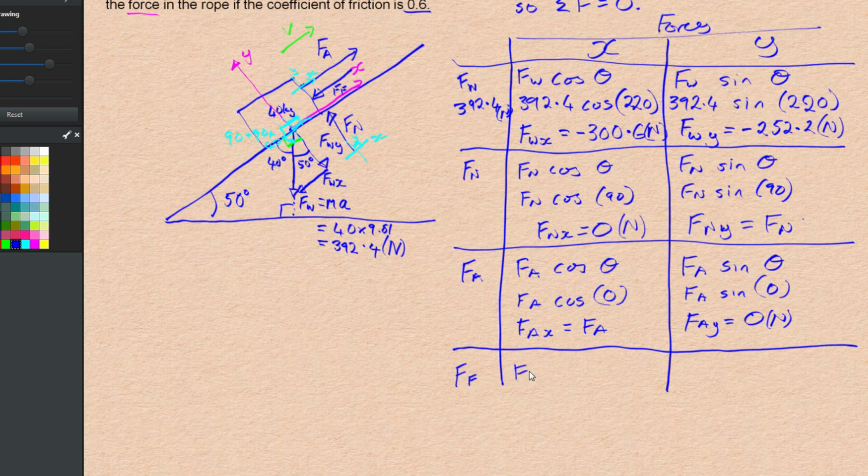FF, our friction force cos theta, our friction force sine theta. So we've got our friction force, and if I jump back over here and draw little axes, we've got x, y, and we can see that we have to go 90 degrees to get from the x-axis to the y-axis, and then another 90 degrees to say, instead of pointing that way, we've rotated around to point that way by 180 degrees.